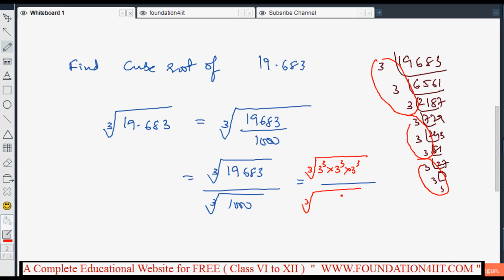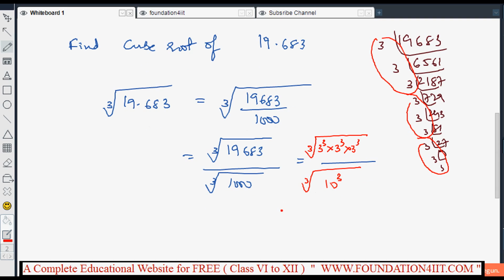By down is the cube root of 1000. 1000 is 10 power 3 because 10 into 10 into 10. So cube root of 3 into 3 into 3 overall cube. So 3 3 is 9, 9 3 is 27, whole to the power 3, by cube root of 10 power 3.